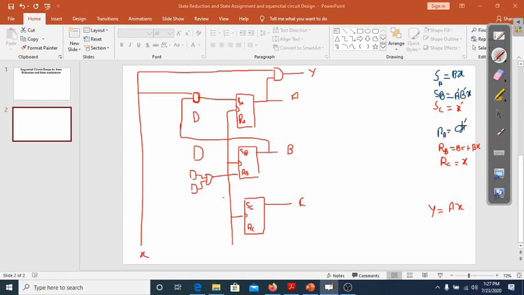RA is equal to C into X prime. So this is C into X prime, where this is the complement of input X, and I'm going to connect it here.